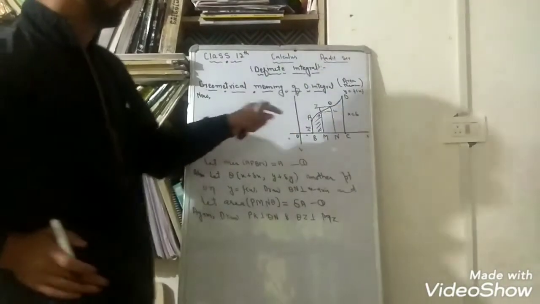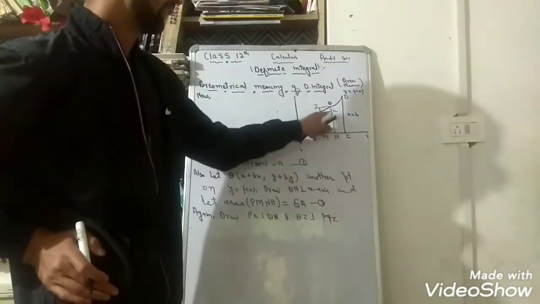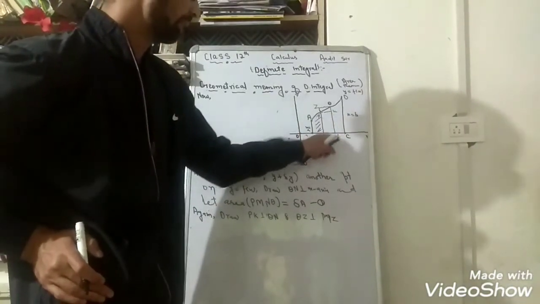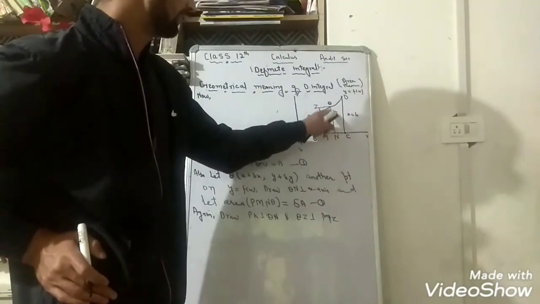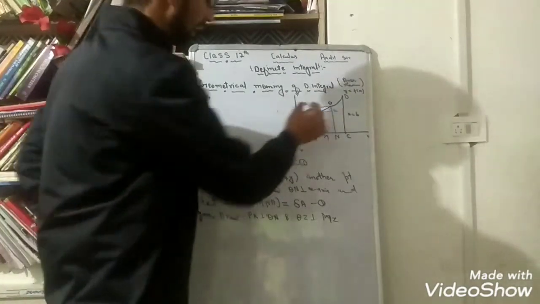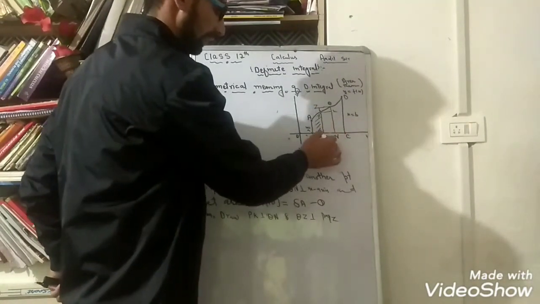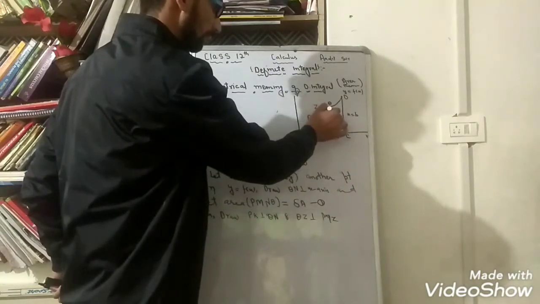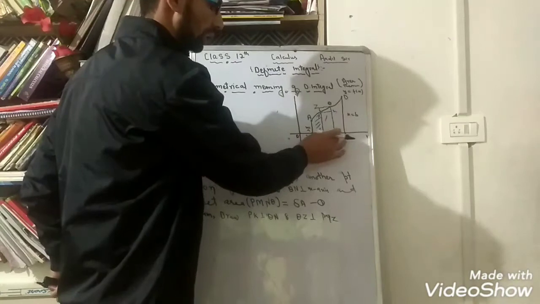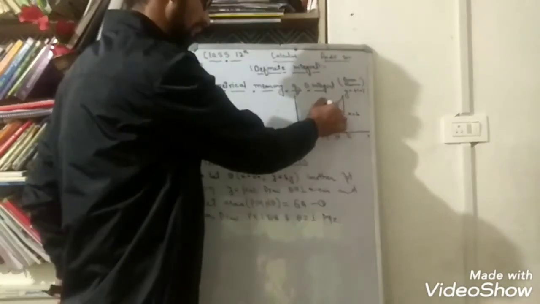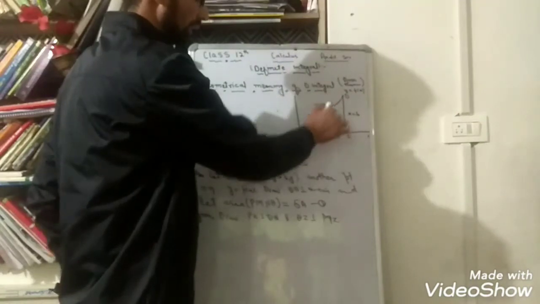Now you see here, the area of this rectangle PMNK. Can I say that this area is less than the area of PQNM? So I am saying that the area from PK to MN is less than the area from PQ to MN.